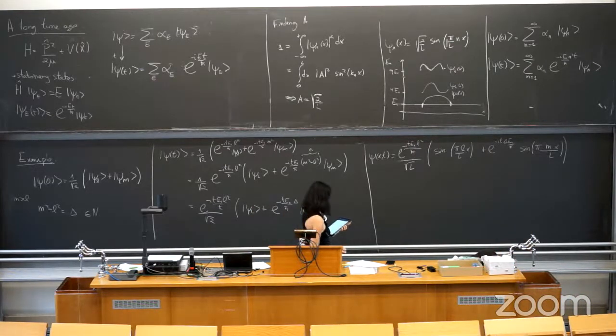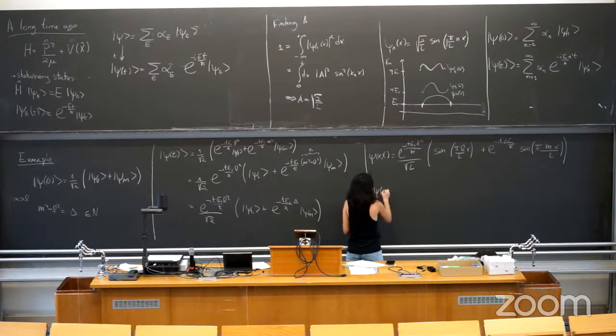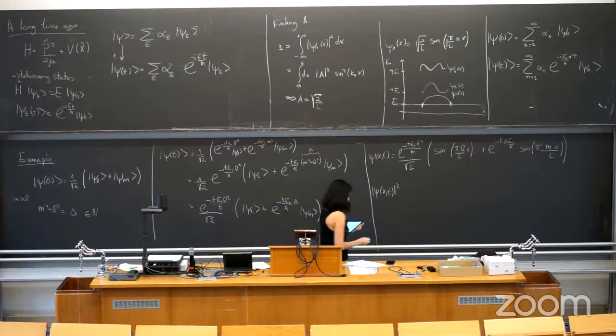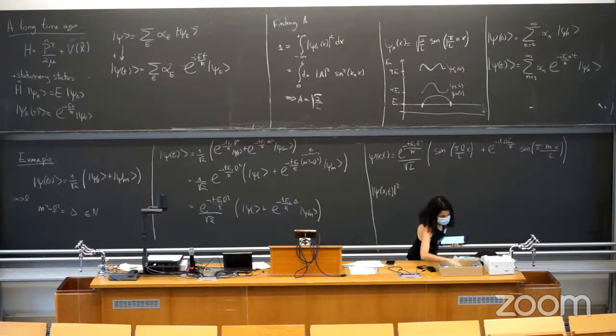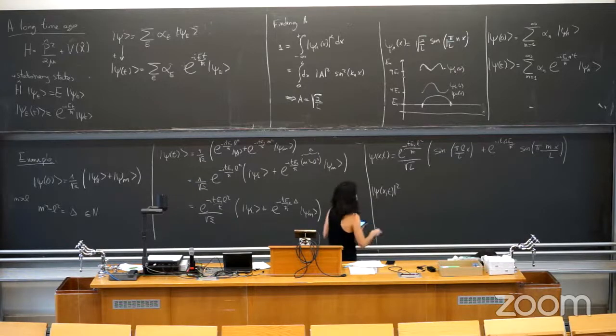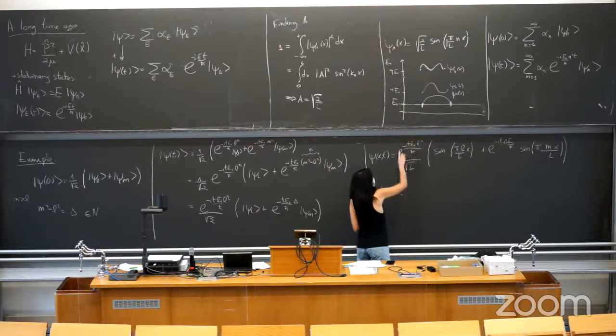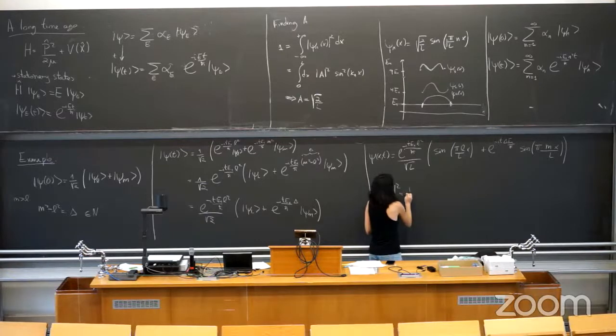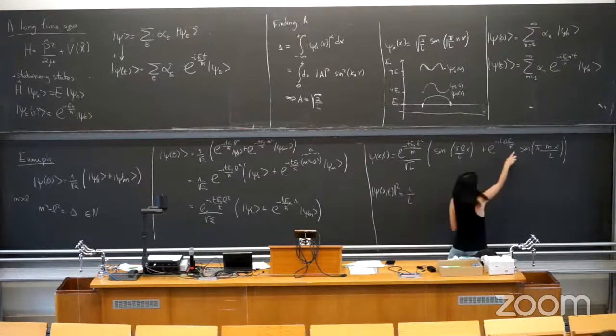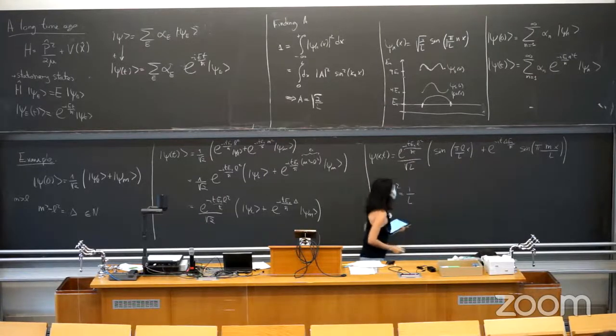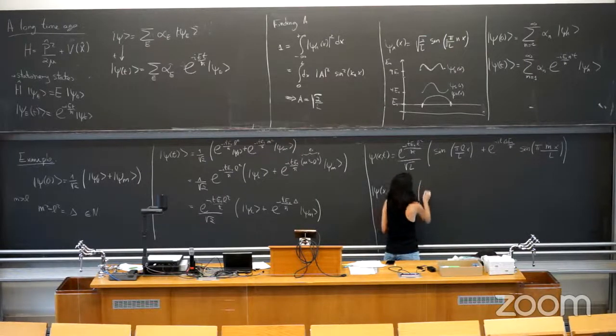So now let's see the square of this. And this is like we did before for the double slit in general and all these interference examples. In general, the phase goes away. So we have one over, and then we have all these different terms. So we have one that's going to be sine squared.